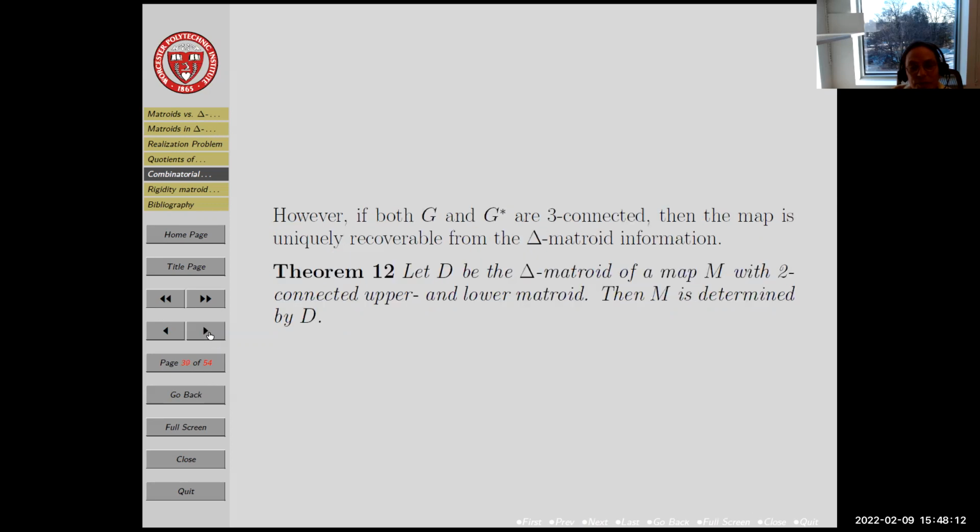You can realize the connectivity in terms of the upper and lower matroid, because if the matroid is 2-connected, then you know that the corresponding graph is 3-connected, and that the matroid of the corresponding graph uniquely determines the graph.